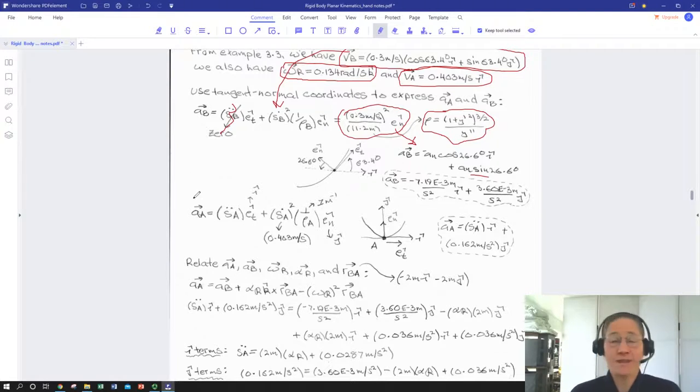Okay, let's do the same thing for A. Let's do a tan-normal action for A. The nice thing here is that the position of A means that our normal direction is the j hat axis, and our tangential just happens to be the i hat axis. So this simplifies things. Those two coordinate systems are literally superimposed at that one point for this parabolic motion.